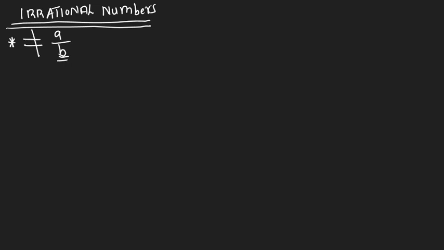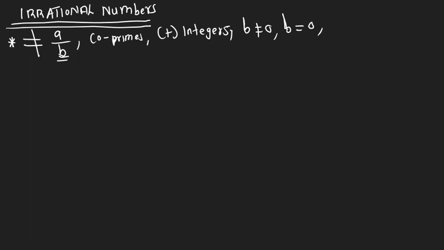I mentioned that this a over b, we call them coprimes, or positive, or you can call them integers. Then I mentioned that from the concept, b should never be equal to 0, because if b equals 0, then a over b is undefined.